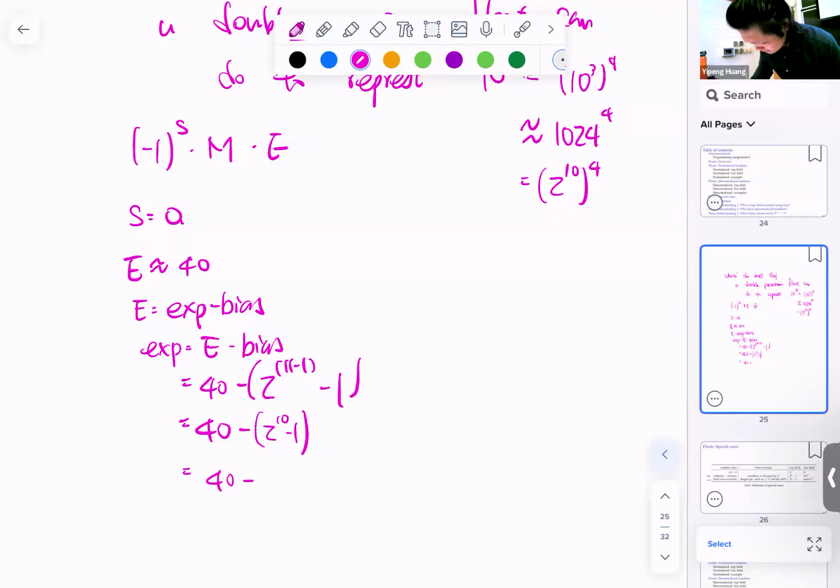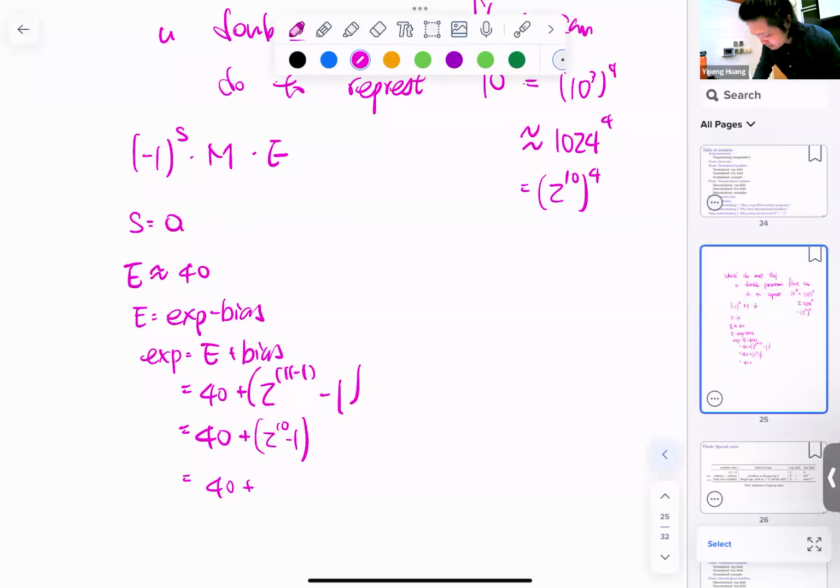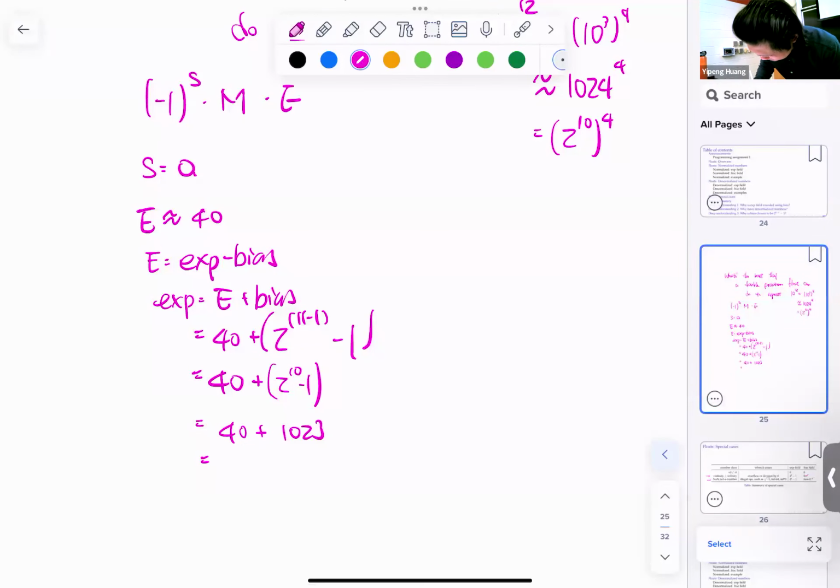Hold up, I messed up something here. Sorry, what I copied down wrong was EXP is capital E plus bias. So it's going to be 40 plus 1023. So it will represent the EXP field as 1063 as a binary number.